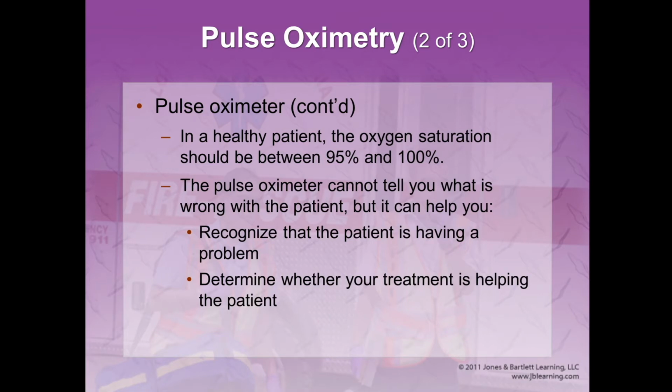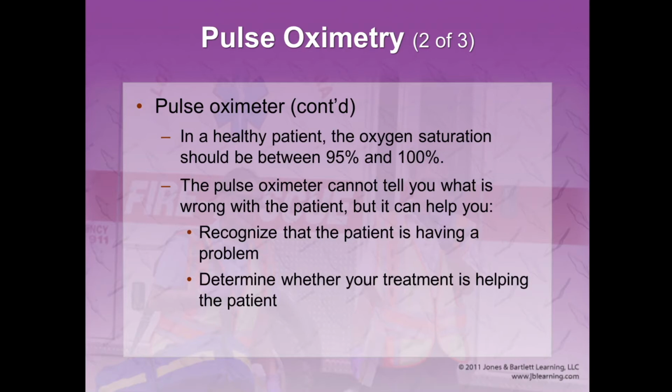So you're using it as a tool if you do use it, and you're not going to solely rely on treatment based on what the pulse ox says. You're going to look at the person, the totality of circumstances. What are they complaining of? What are their signs? What are their symptoms? How do they appear to you? Are they pale? Are they cyanotic? And their pulse ox is low, then I'd say that the pulse ox is probably correct.